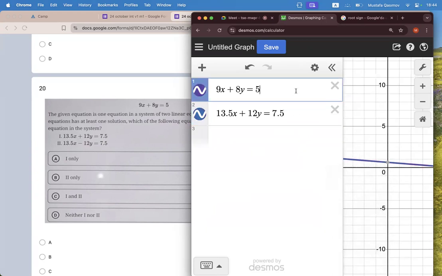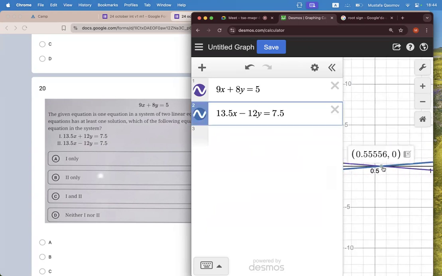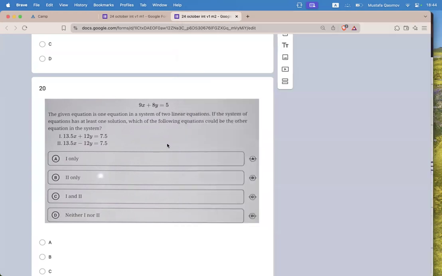Okay, the first one has infinite solutions. The second one is negative, and it is 7.5. So how many solutions do we have? Only one. Because we say at least one real solution, it can be an infinite number of solutions or one solution. So the answer is 1 and 2. Answer is C. Any question from here?